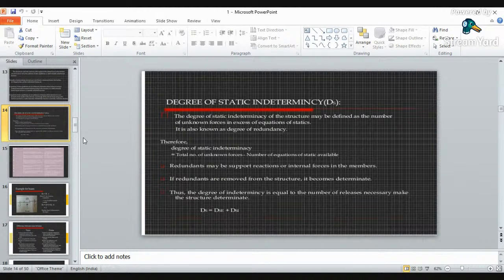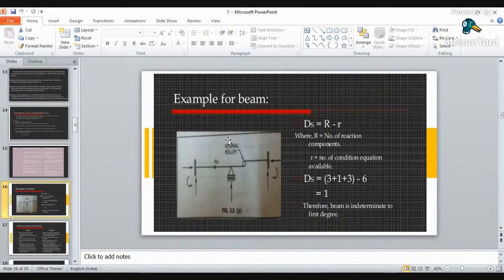Your total static indeterminacy will be calculated as the summation of total external indeterminacy plus total internal indeterminacy. External indeterminacy can be calculated as the number of reactions minus the three equilibrium conditions, and internal indeterminacy can be calculated by using the formula for the element for which we are calculating the indeterminacy.